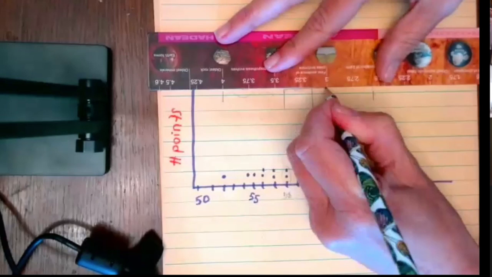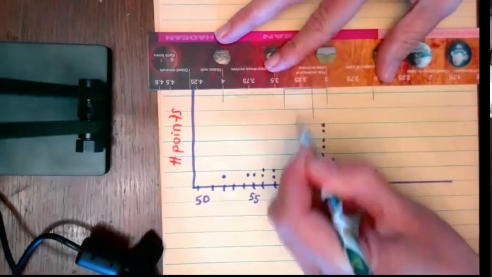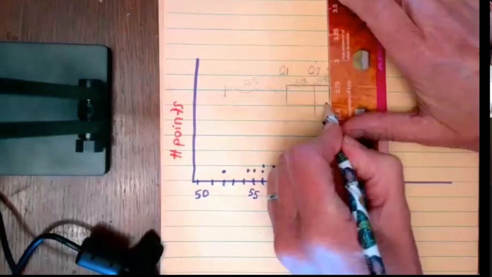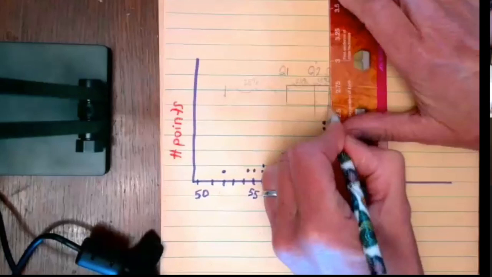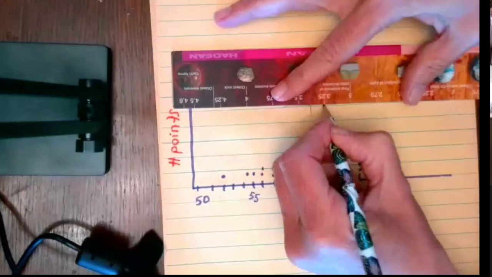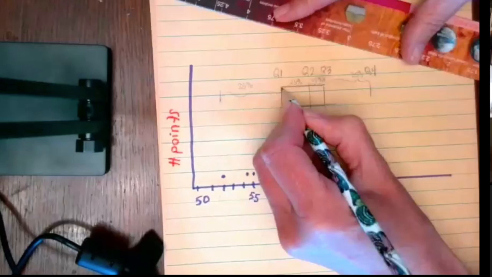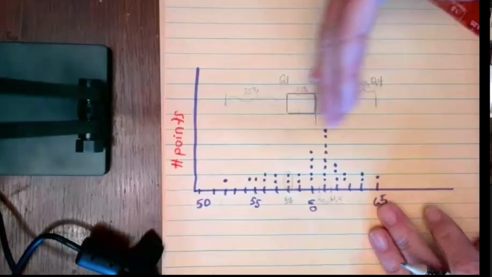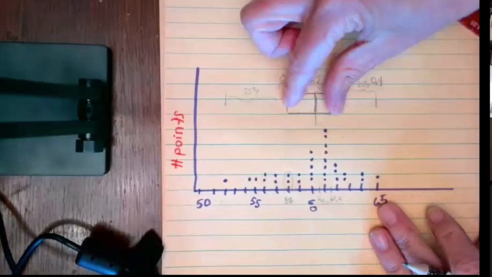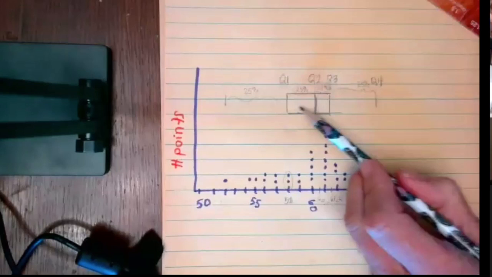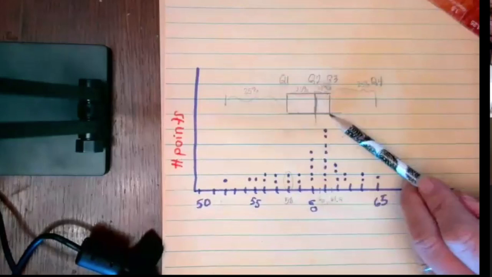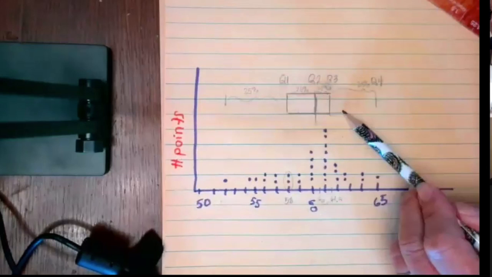So I'm going to put a box between Q1 and Q3, like this. And my median is here. So I can see my median is actually skewed this way a little bit. It's not in the center of the box. And this represents half of our class. Half of our class is between 58 inches tall and 61.5 inches tall. And there is my box for the box and whisker plot.